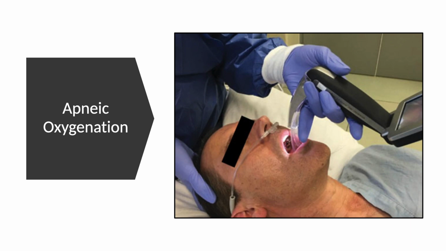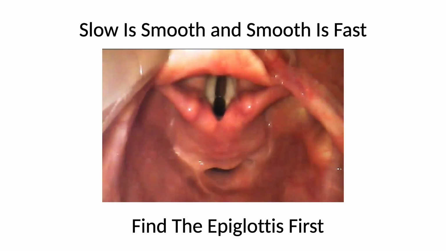And once you take a look with the scope, so you go in, you're holding the blade in your right hand, you already know that your light works, you have your ET tube ready, you have your capnography plugged in and ready to go. As you go past the tongue, I would encourage you, as you look into the mouth, go slow. Identify everything you can on your way to the epiglottis.